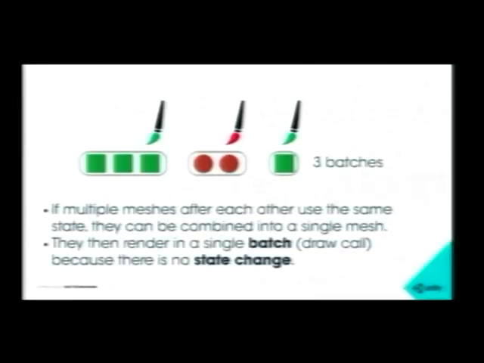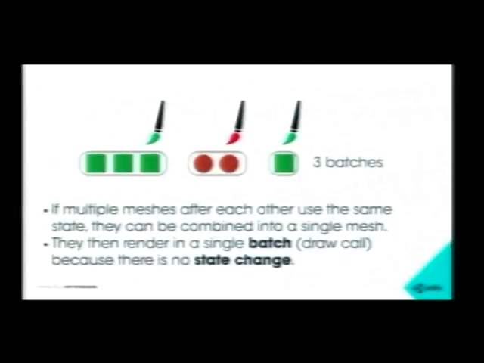As an optimization, internally, if you have multiple meshes rendered in a row that use the same state, Unity can combine these into a single mesh. What happens is this mesh now renders in one draw call, and we call this a batch. This works because these meshes share the same state, the same material, and the same texture, and no state change is required.